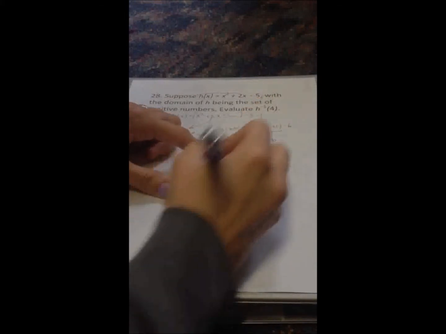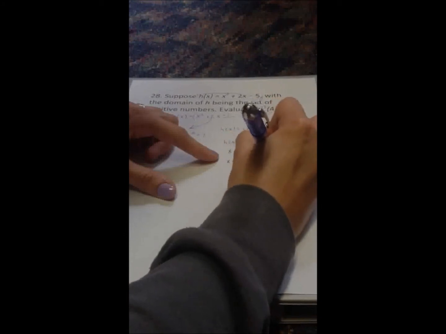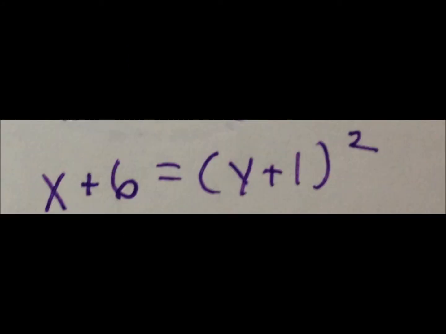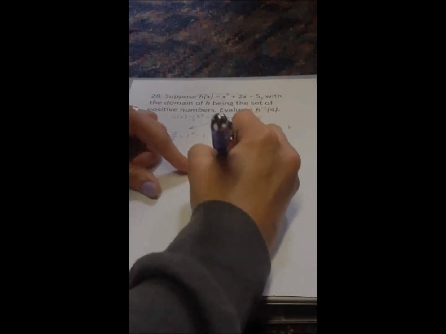And since we want to isolate this y, we're going to move our 6 over to the x side. So x plus 6 equals y plus 1 squared. So now we just need to square root both sides.